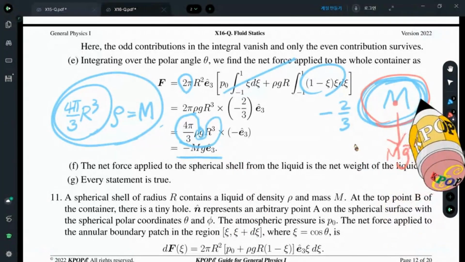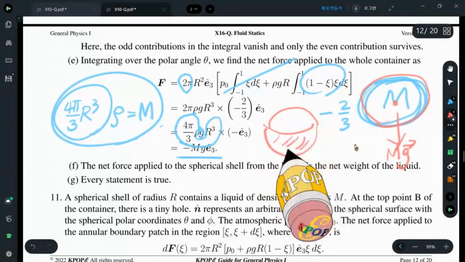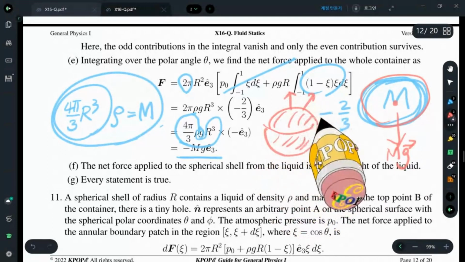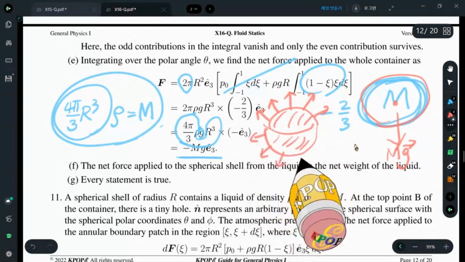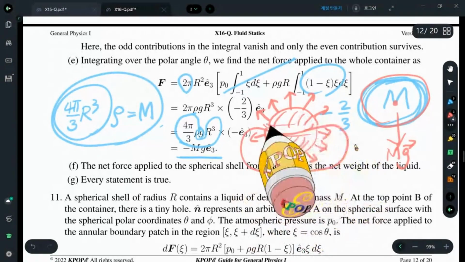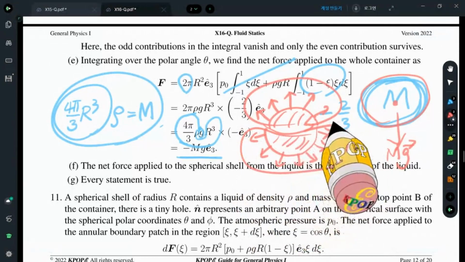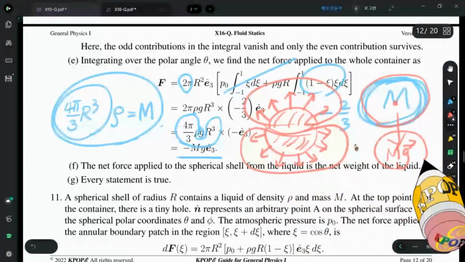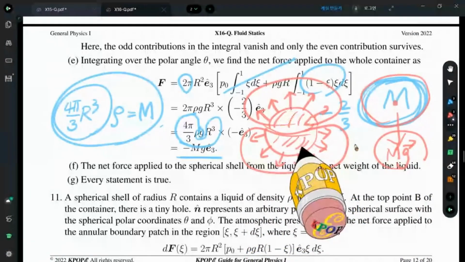However, because it's a liquid, this lower part of the liquid and upper part of the liquid, their force is always perpendicular to the boundary. And you will find that this force and this force differ. But only if we integrate over the whole surface, you will get mg. In the next problem, you will find the difference of the two forces.